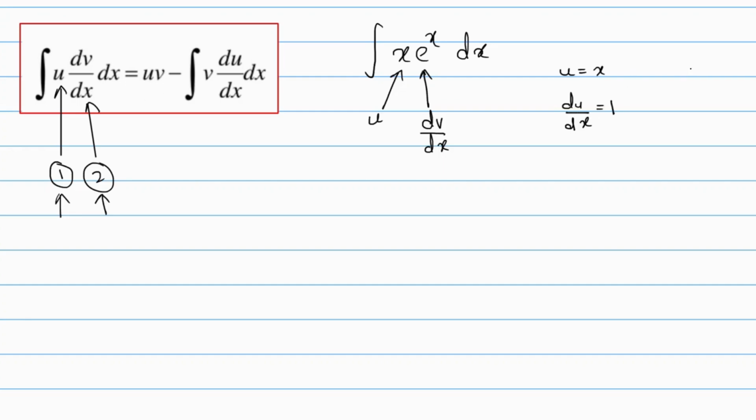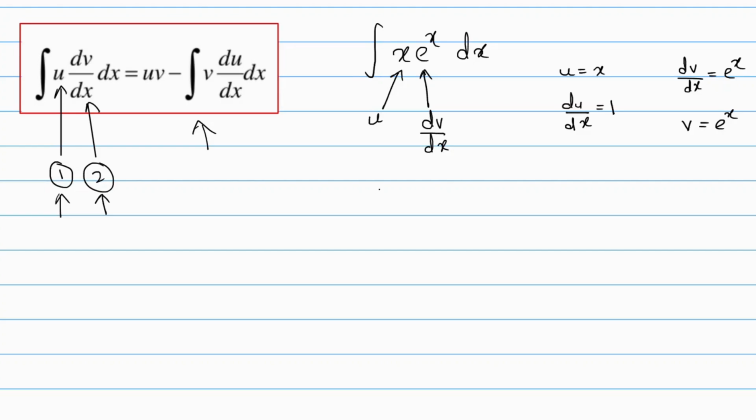And similarly, dv by dx is equal to e to the power x, and therefore v, which you can compute by integrating both sides, is equal to the same function e to the power x. Now it's simply a matter of plugging in to this particular formula.